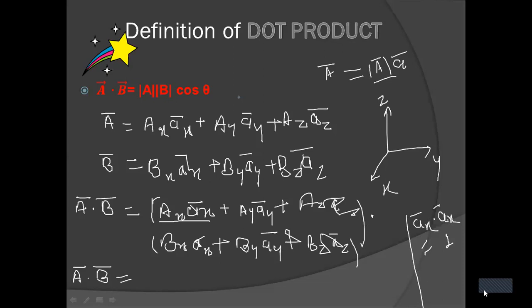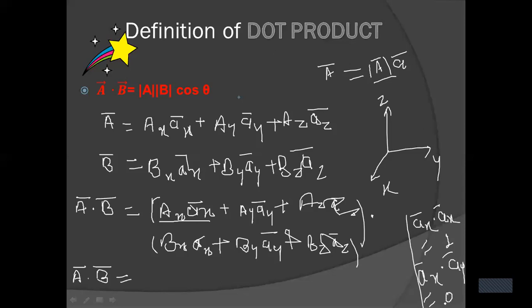So when we are considering two similar unit vectors, their dot product is equal to 1. And when we are considering two different unit vectors, for example a bar x dot a bar y, then it is equal to 0.